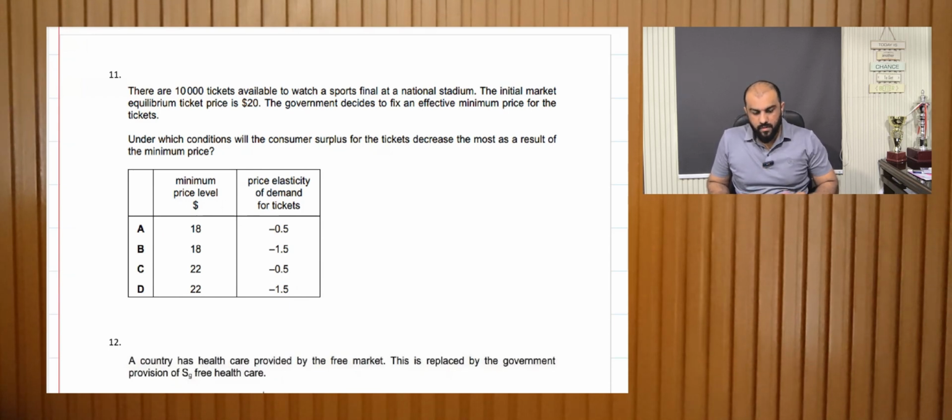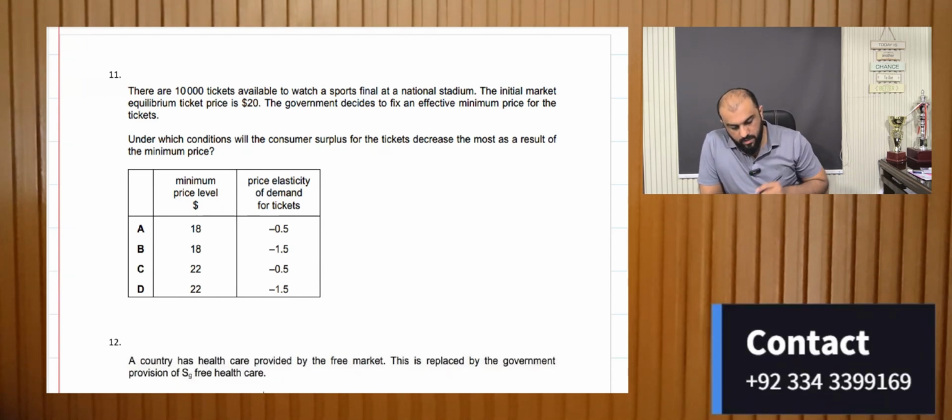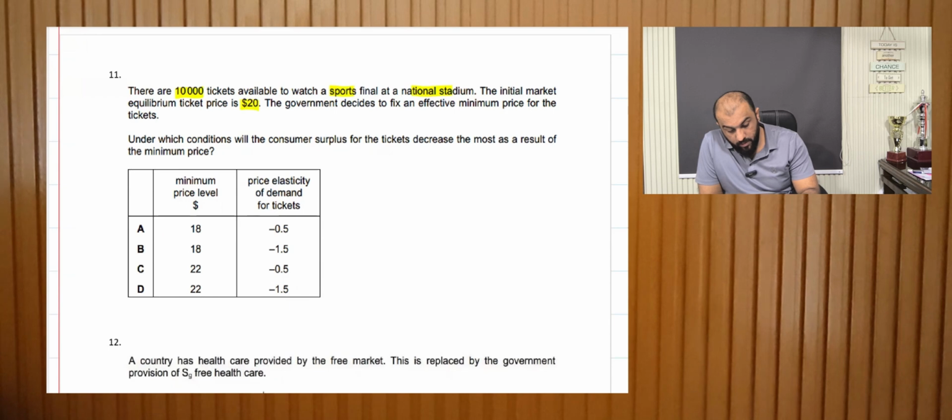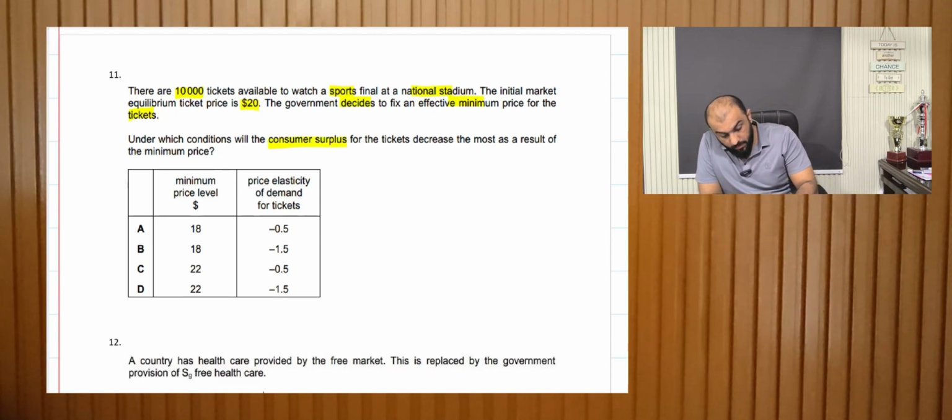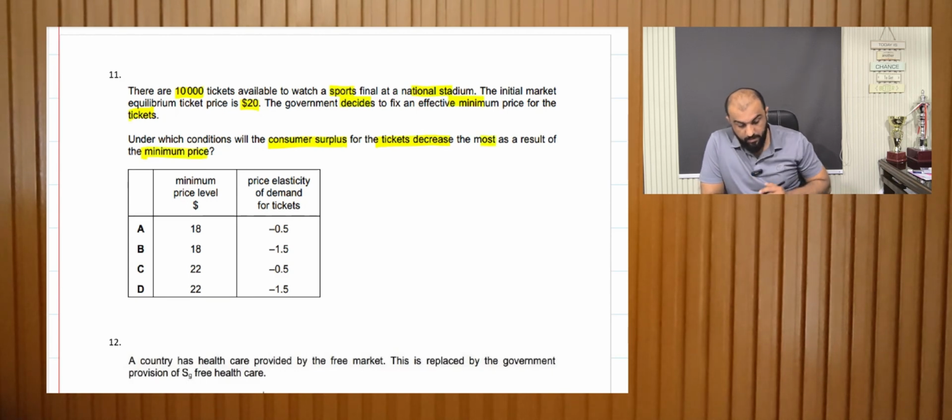Okay, so let's move on to the 11th MCQ. There are 10,000 tickets available to watch a sport at a final national stadium. The initial ticket price is $20. The government decides to fix an effective minimum price for the tickets. Under which condition would the consumer surplus for the tickets decrease the most as a result of the minimum price?